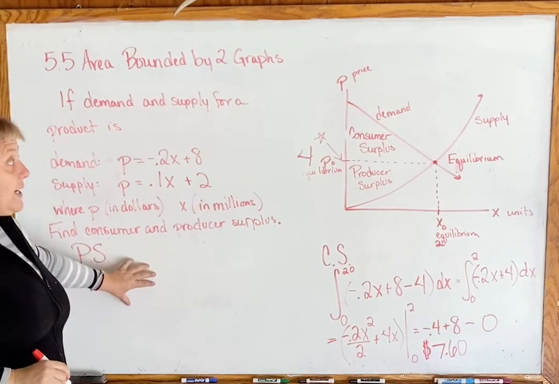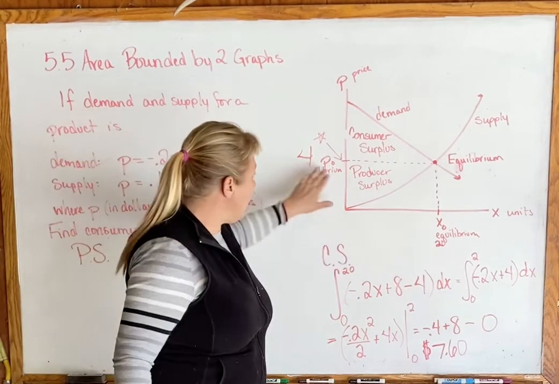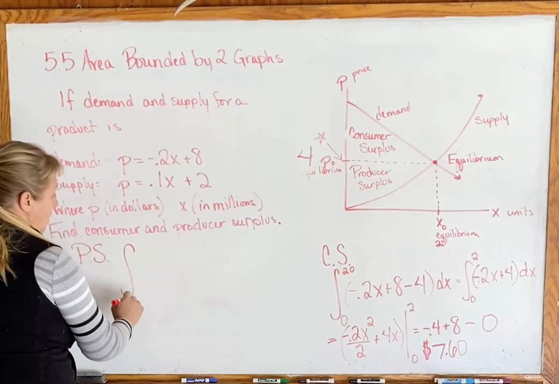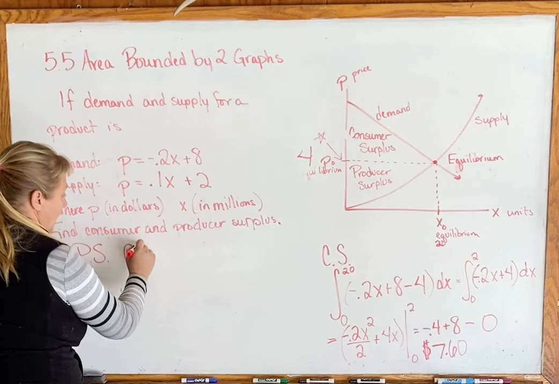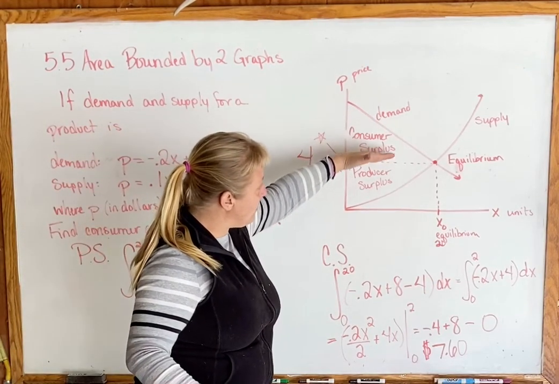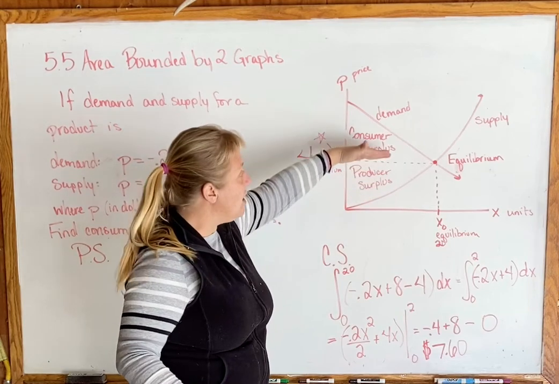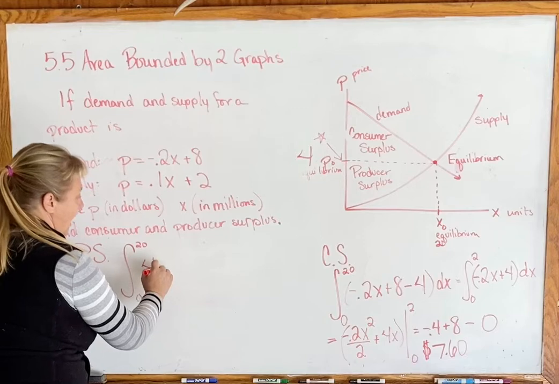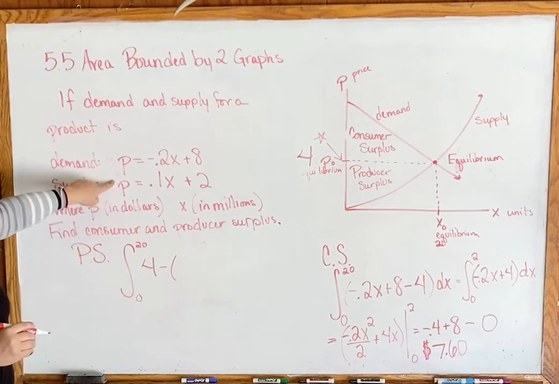Now, luckily we already have the equilibrium, so we already have the 20 and the 4, so we just need to set up the integral now. So we're still going from 0 to 20, but this time we're looking at the space bounded by the equilibrium down to the supply, which means we're going to start with the 4 and we're going to subtract the supply.